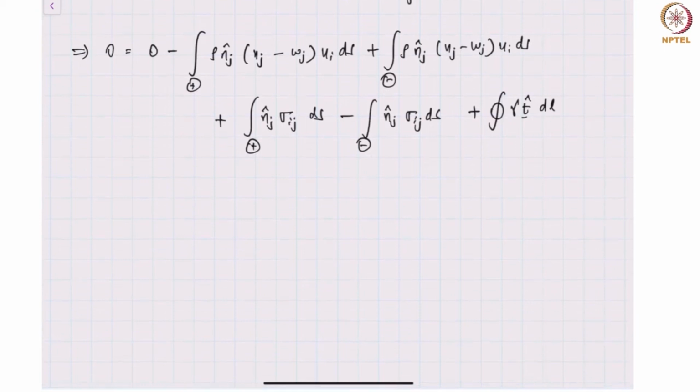So now that we have written down all these things, for those who may not be very comfortable with index notation and more comfortable with vector notation, I'll quickly, for your benefit, write the same thing in vector notation.